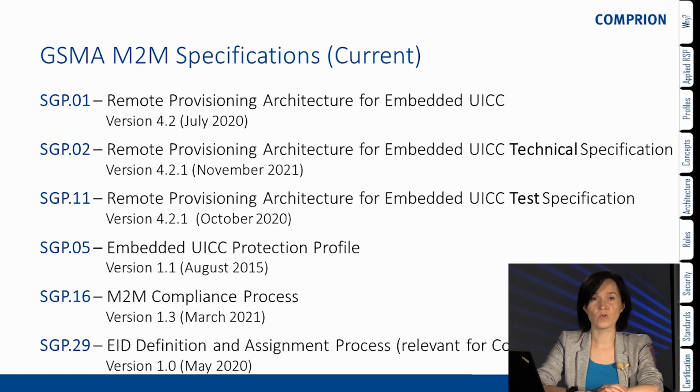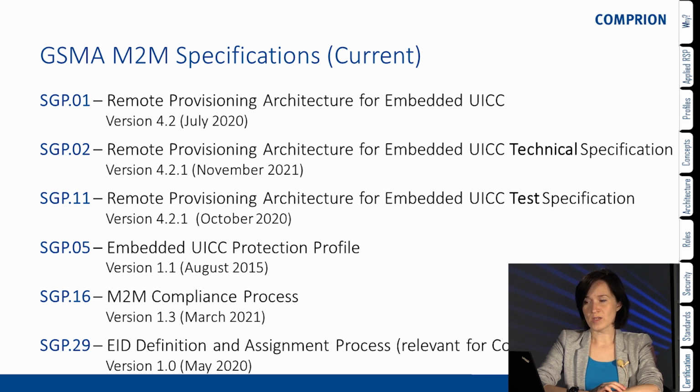The device is out of scope of the certification program at the moment. Though we just recently have this new entity, the device, there is still no test and no certification program defined for the device. And we also have some end-to-end testing defined in the SGP11.